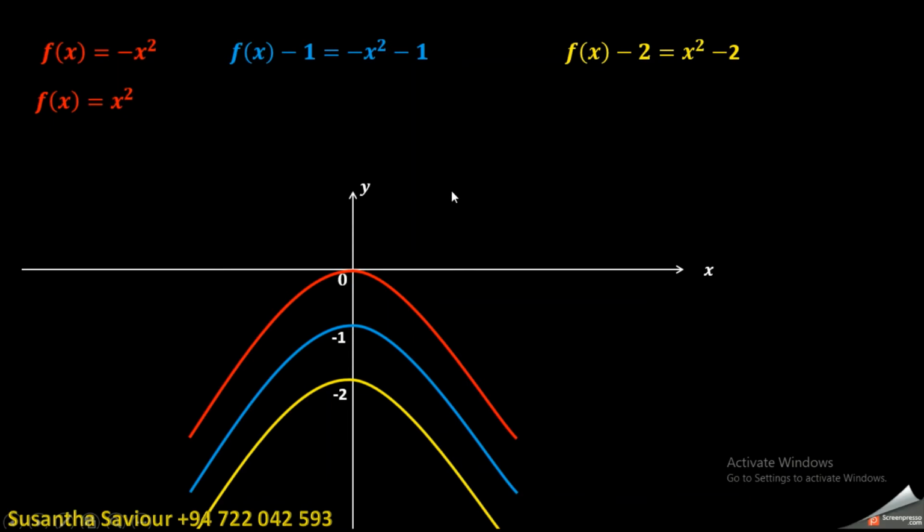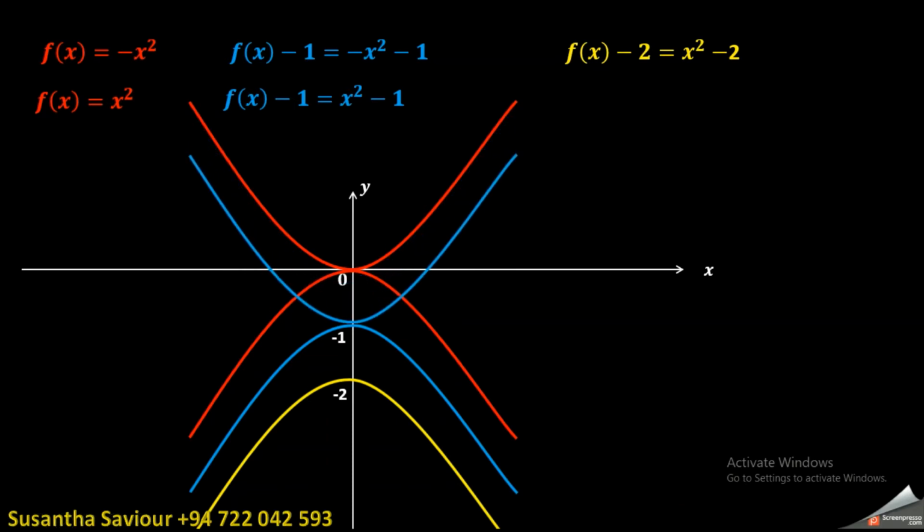This is the basic graph of this, and then we will look at some transformations. f(x) minus 1, that is x squared minus 1. This graph will move down by 1 point. This 0 will come and sit here.